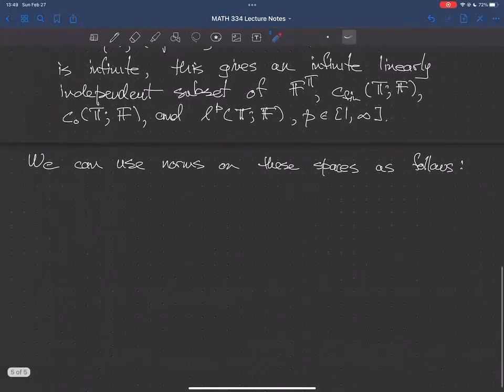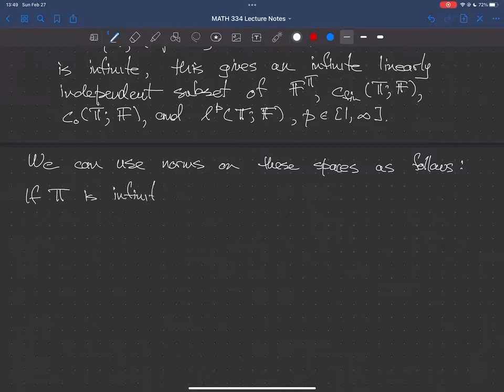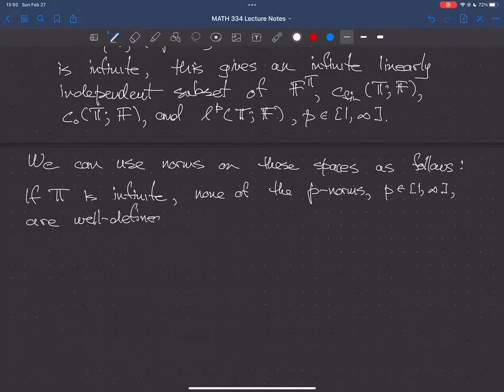Okay, so let me record that fact. If T is infinite, none of the p norms, and this is for all p's, are defined on F^T.